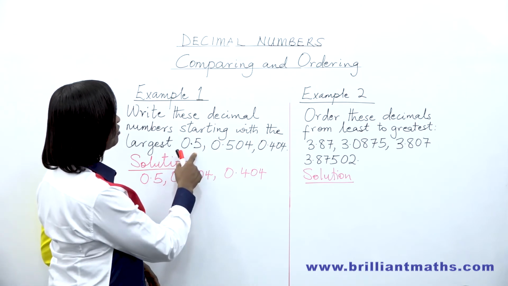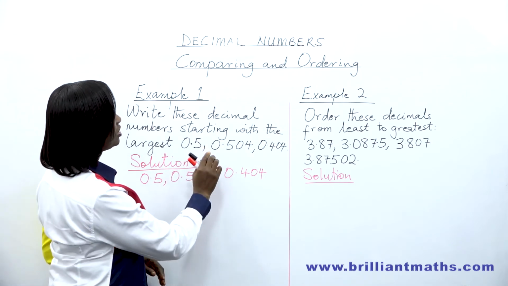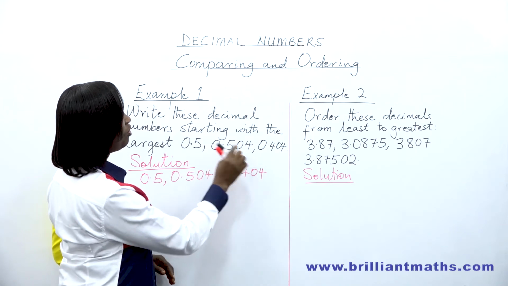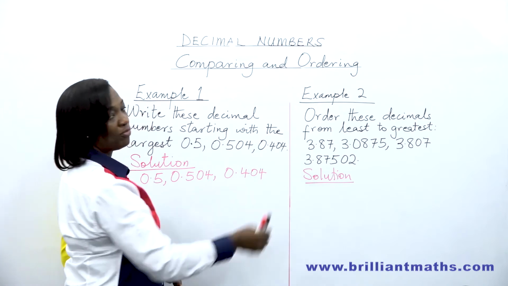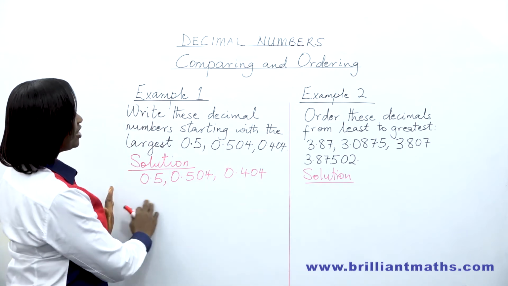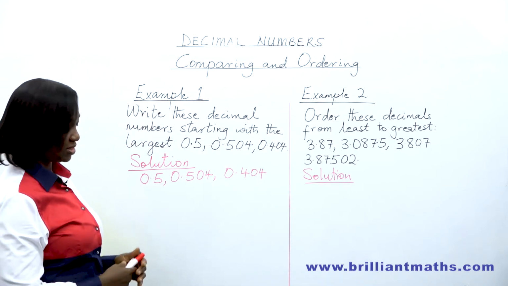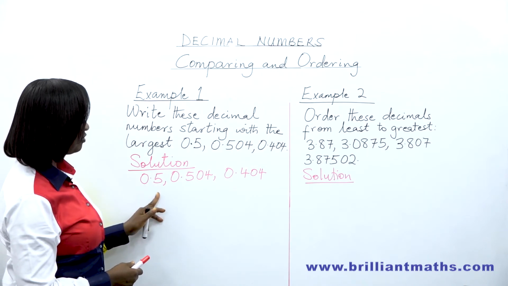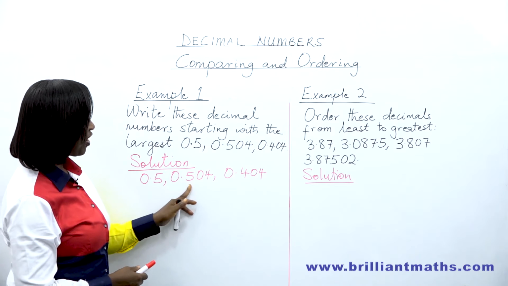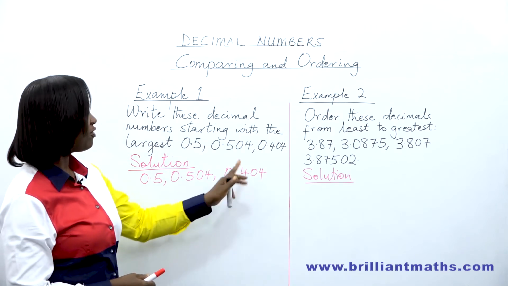Here we have 0.5. The second number is 0.504, and the third number is 0.404. So I write down the 3 numbers. The first one is 0.5, and then we have 0.504 and 0.404.